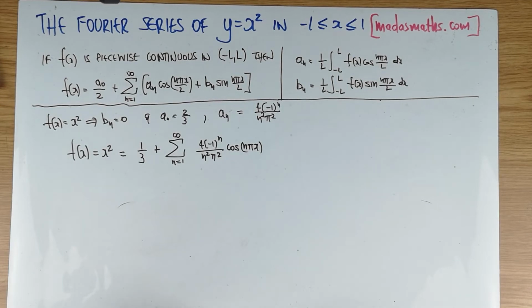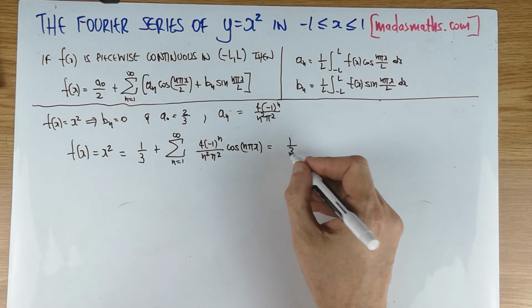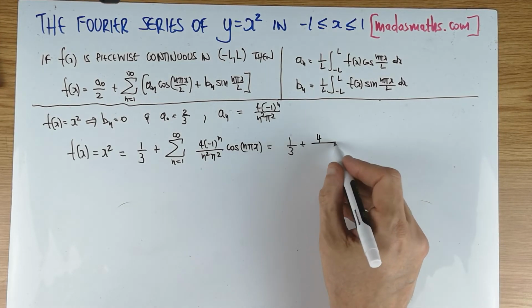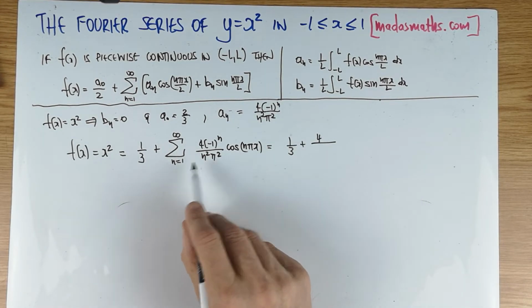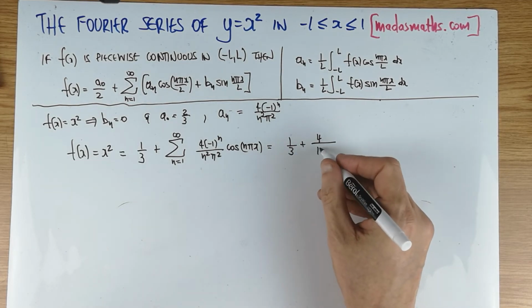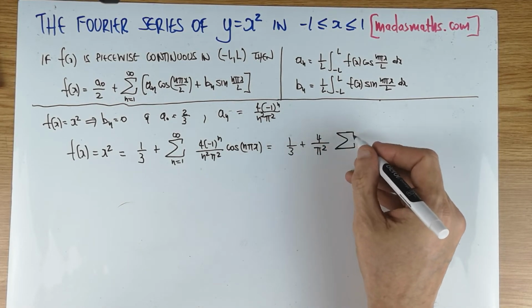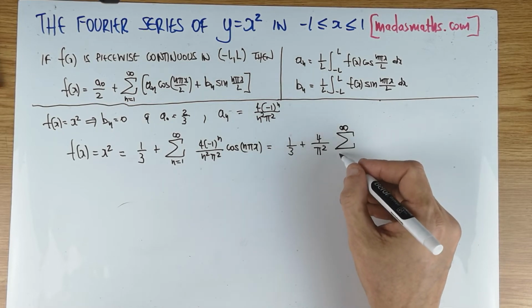And we can pull some bits on the outside. Not that you have to, we can pull 4 over pi squared outside the sigma. And then we can write the sigma with a little less mess inside it.